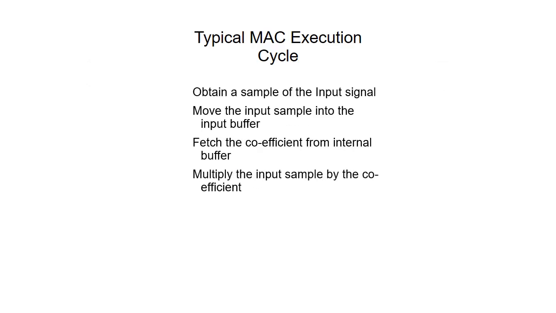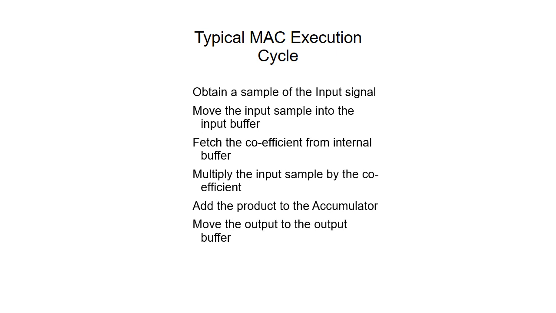The typical MAC execution cycle. First, we have to obtain the sample of the input signals. It moves the input sample into the input buffer. Next, it fetches the coefficients from the internal buffer.